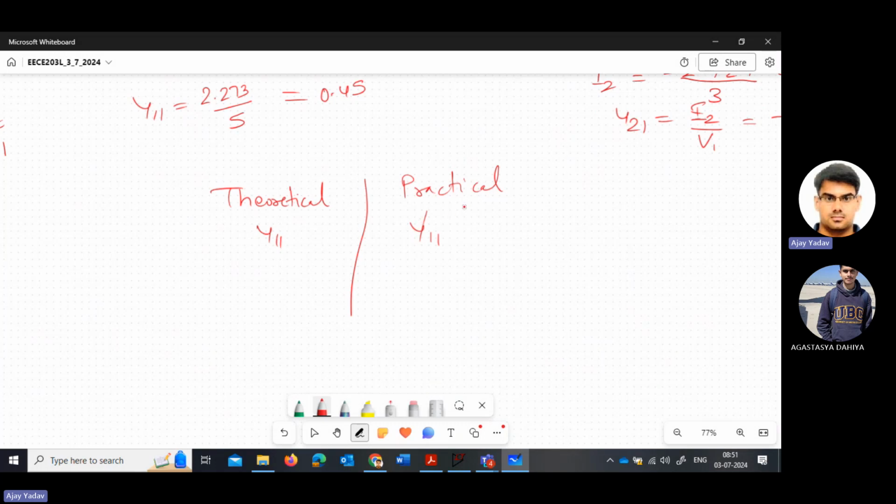I'm writing dash for practical. y12, y21, y22, in the same manner y12 dash, y21 dash, and y22 dash. So this is the experiment where we are calculating the parameters and verifying the y parameters. Understood?